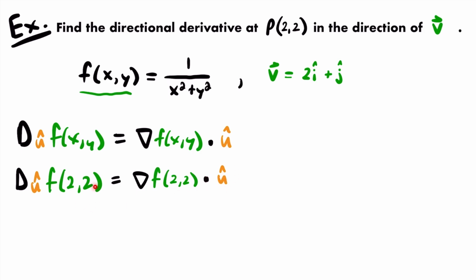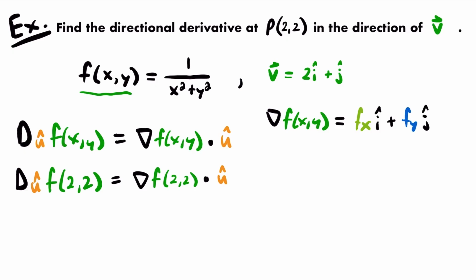And that will give us the directional derivative that we're looking for here. Okay, so let's start with the gradient vector. Remember that for a multivariable function of two independent variables, the gradient vector for f of x, y will be equal to the partial derivative with respect to x times i plus the partial derivative with respect to y times j.